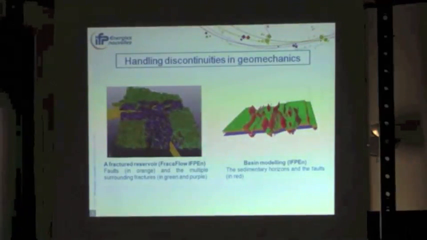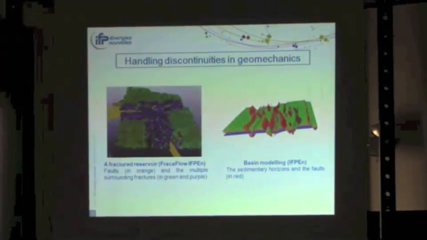So how to handle discontinuities in geomechanics? When we are focused on the fluid, as Benoit showed yesterday, we can have as many as a million fractures to model a reservoir. This is absolutely not possible with geomechanics.